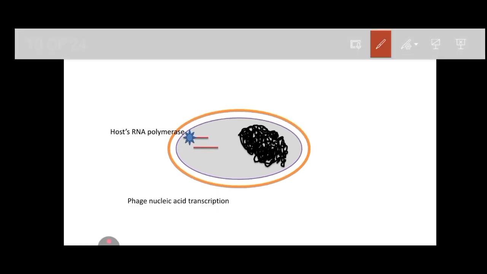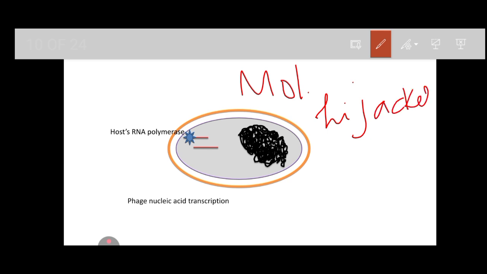Upon entering the bacterial cell, I will write here: molecular hijacker. Soon after the entry of nucleic acid, the virus starts to utilize the host machinery to synthesize its own proteins.